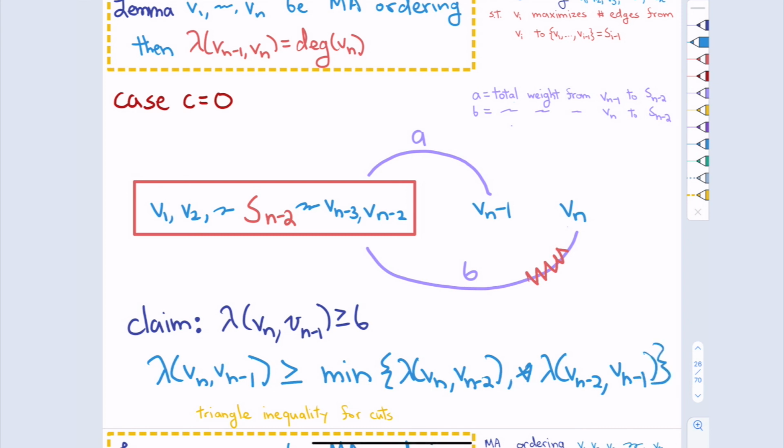So Vn minus 2 is sort of being used as the middle in that triangle inequality sense.